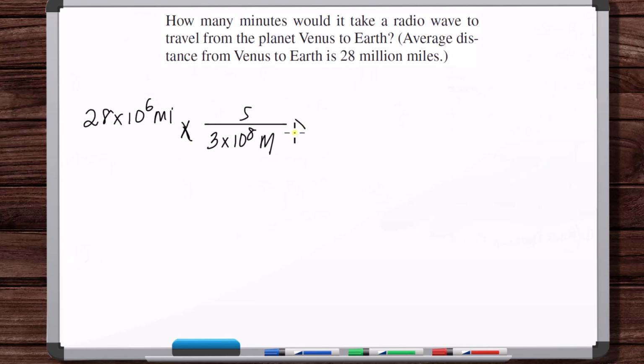Okay, but now we need to convert this, so 1609.34 meters per 1 mile. I want to put that in the numerator.